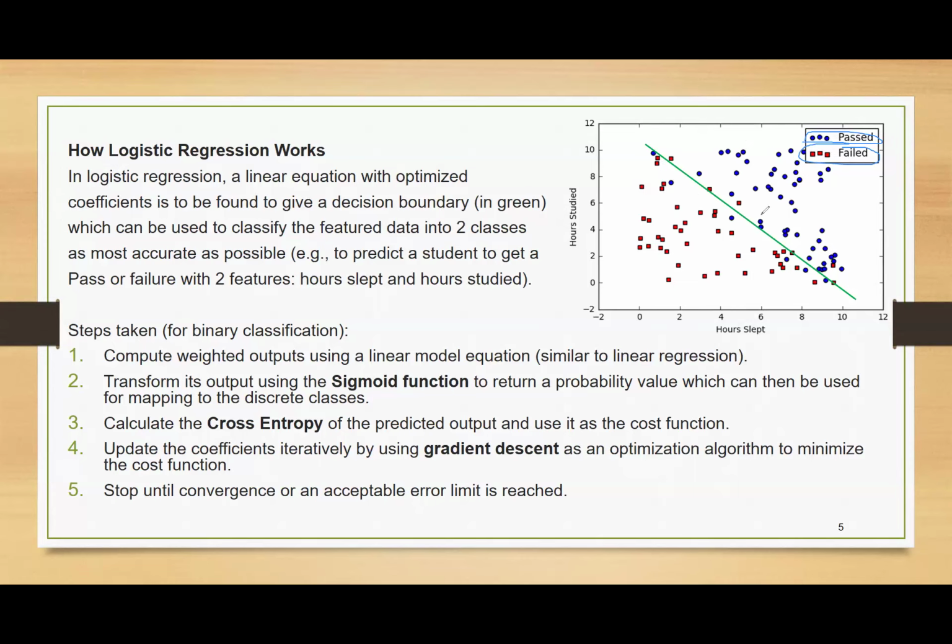We would like to do a classification based on the data, so that if we have a new student, we can know whether the student is likely to pass or fail the exam. Then we need to find the boundary of these two groups of data. In linear regression, we were finding a line to fit the data, right?